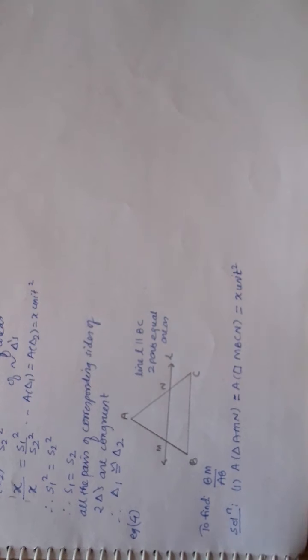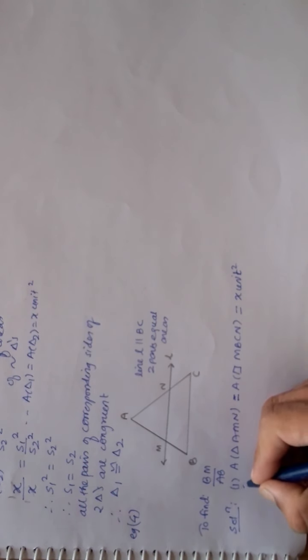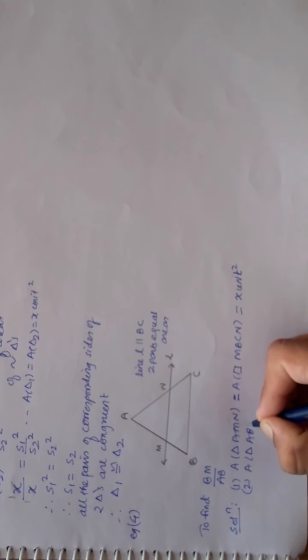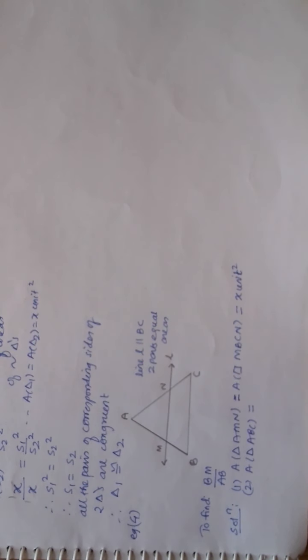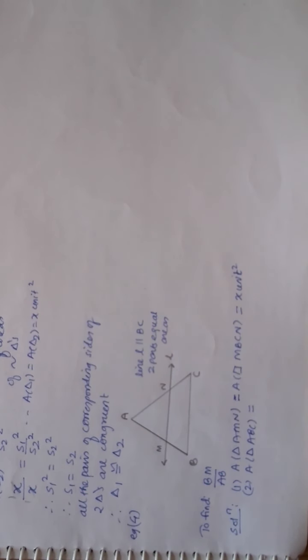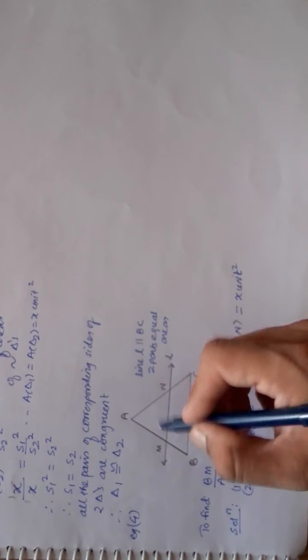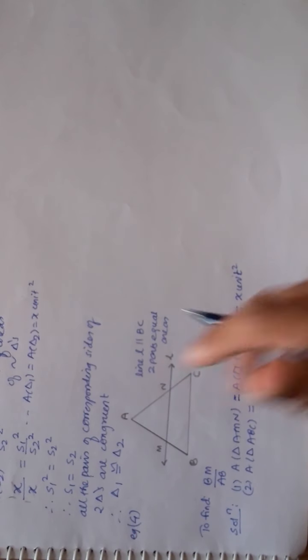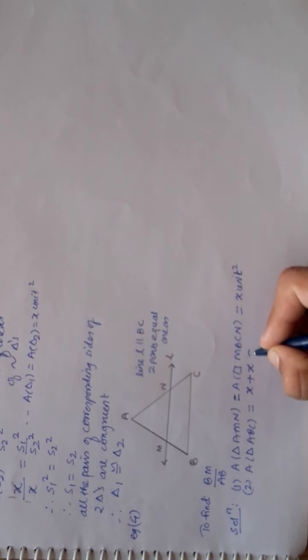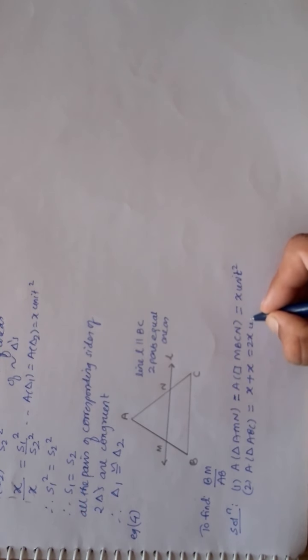Okay, so obviously you will get the area of triangle ABC. The whole triangle area I am finding and keeping, I don't know what is the use of it, is obviously area of triangle AMN plus area of the quadrilateral. If I add these two areas, then I will get the area of this one. Two things, that is x plus x, which is 2x unit square.